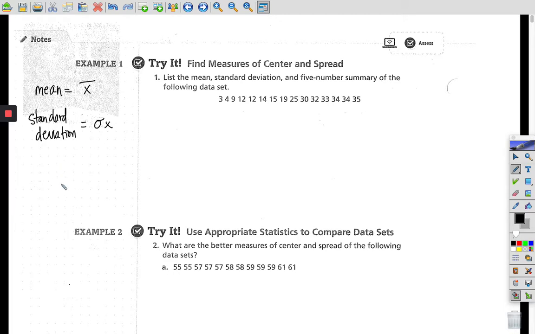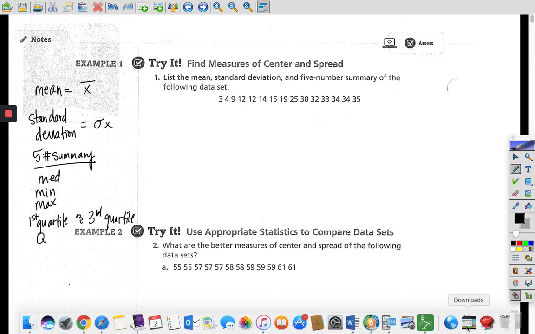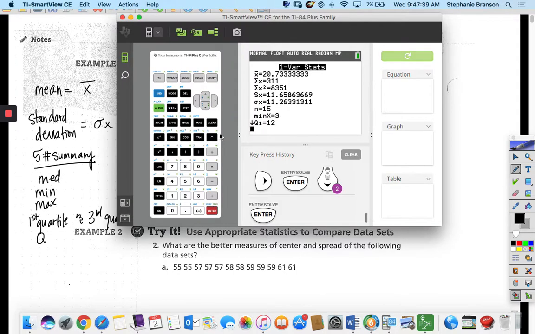And then your 5-number summary is going to be your median, your min, your max, first quartile, and third quartile. You might see it listed as Q1 and Q3.